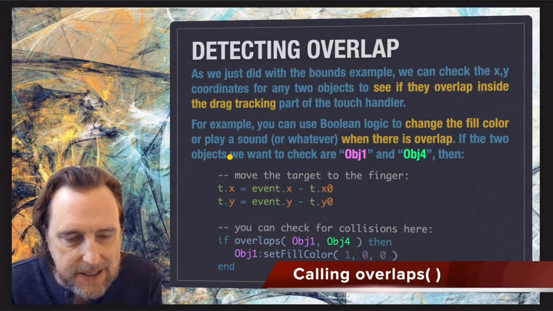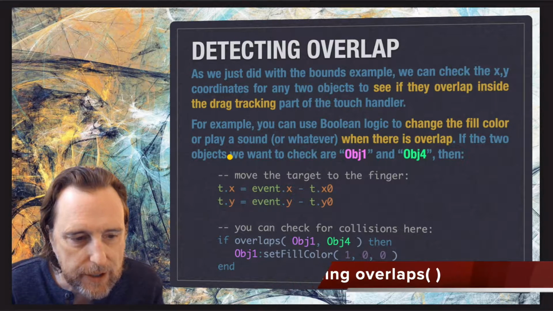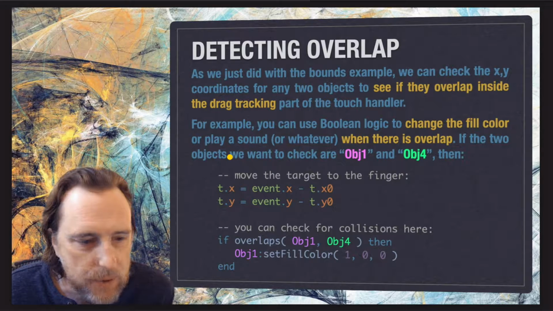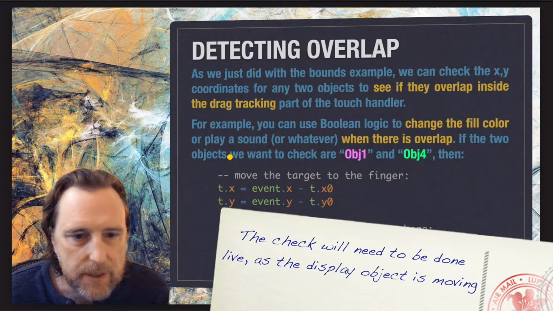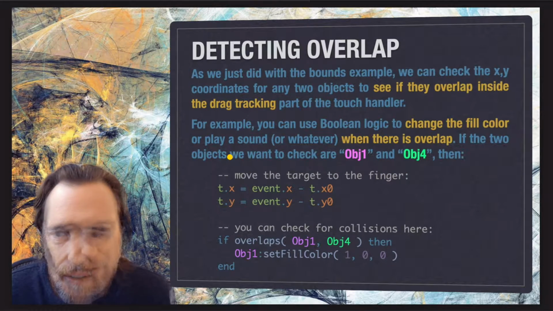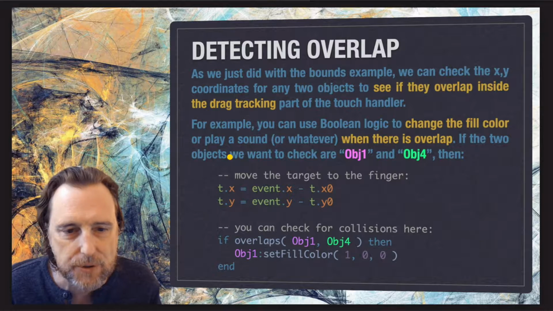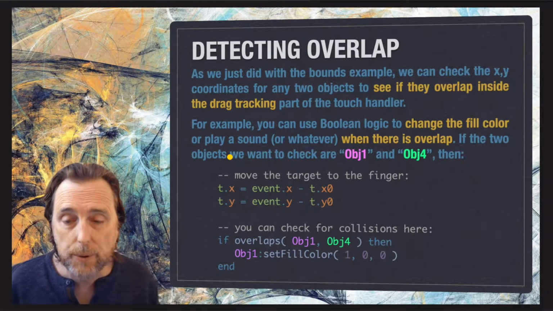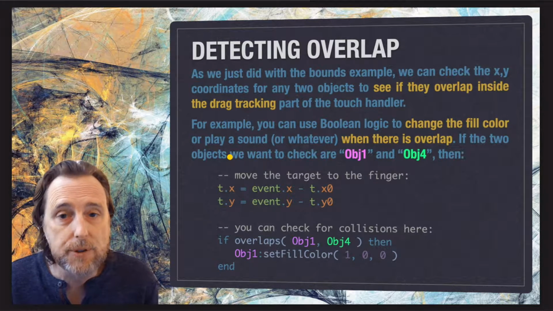So syntactically, the way we'll detect overlap is we'll check for overlap as the drag is ongoing. So we'll be doing it in our touch handler, and inside the part of the touch handler that determines the new XY value as the user moves their finger. In other words, we're doing this in the same location that we were doing the fencing activity last time.